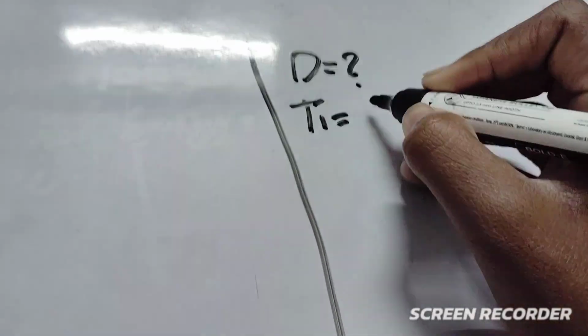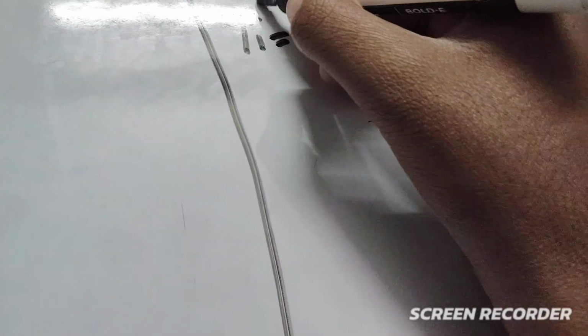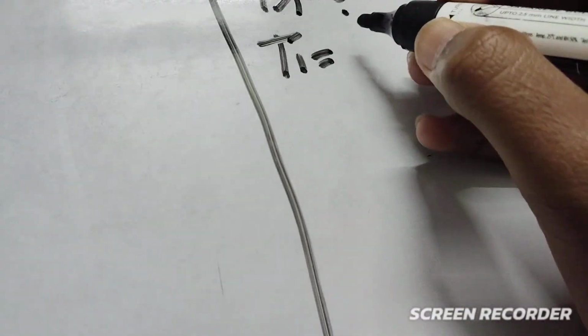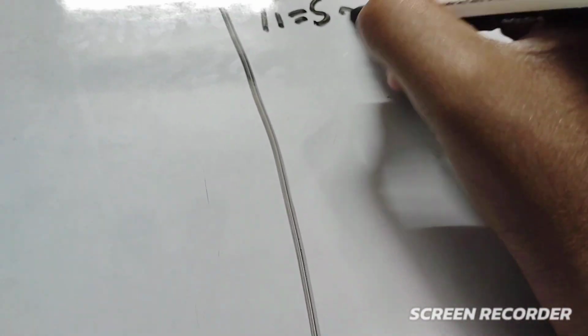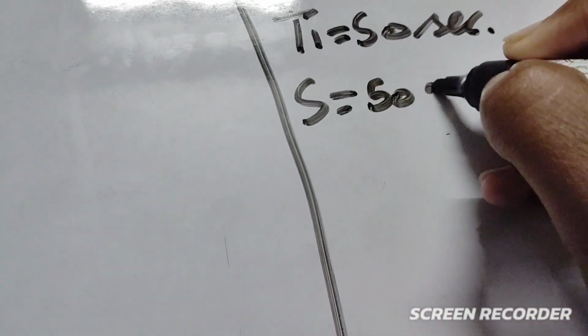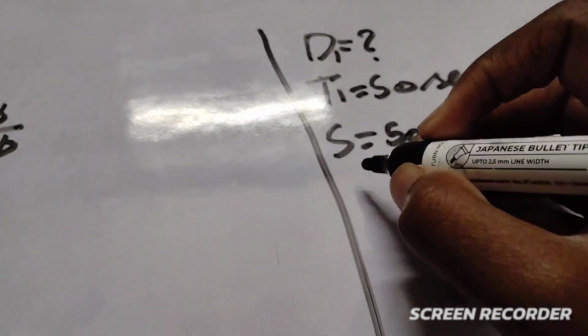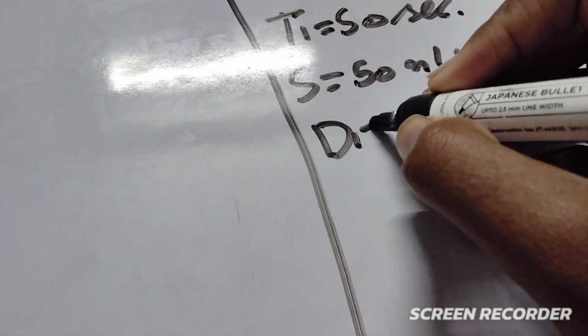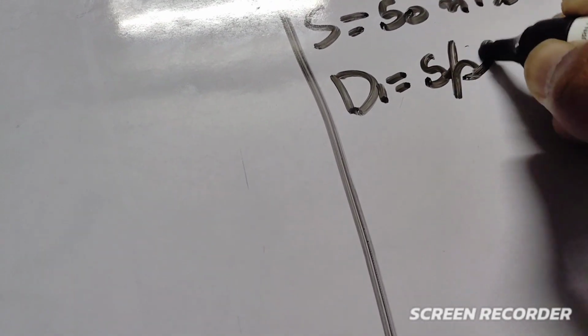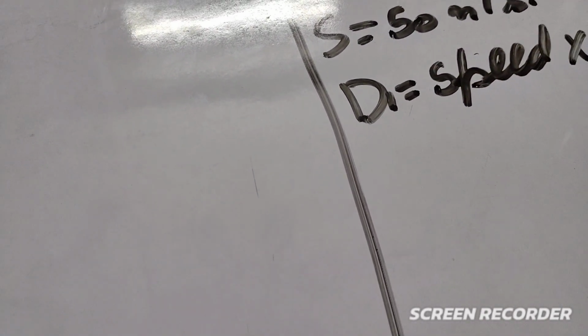The time is 50 seconds, and the speed is 50 meter per second. To take out the distance, we have to multiply speed into time.